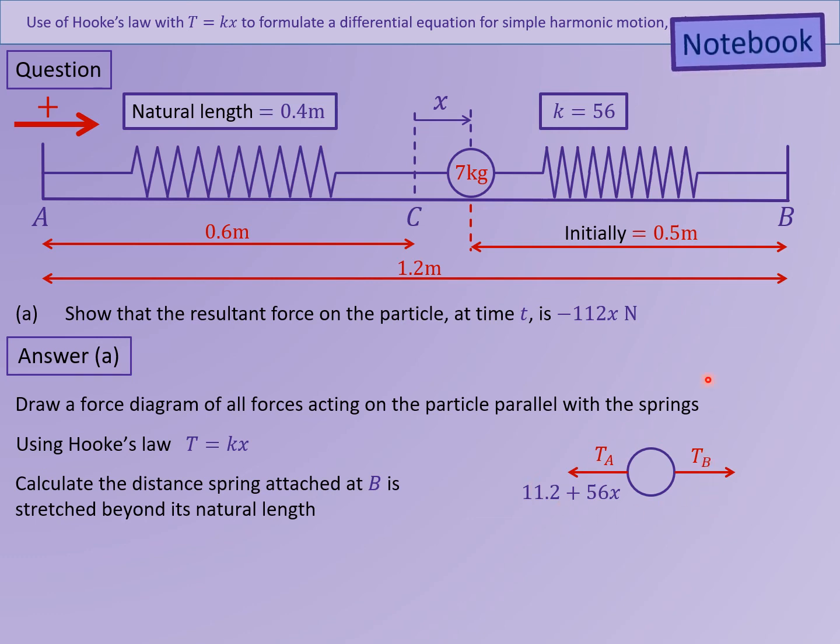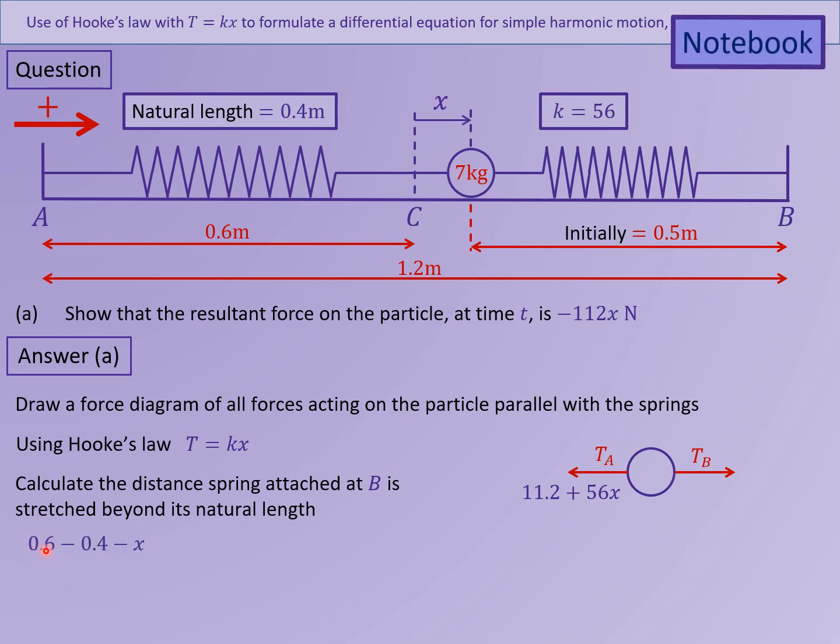Just think about its extension x then. So it's got its natural length of 0.4. So the difference between the equilibrium point just there, 0.6, and 0.4 will be 0.2, but it's closer this time, so you're going to be subtracting whatever x is from that as well. You can think of it like this.